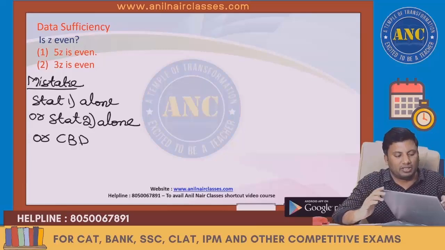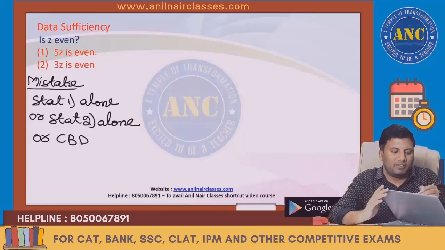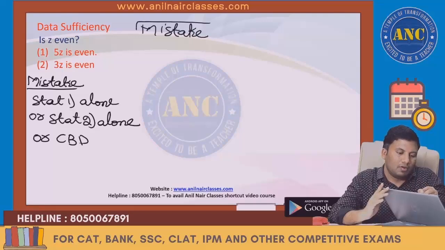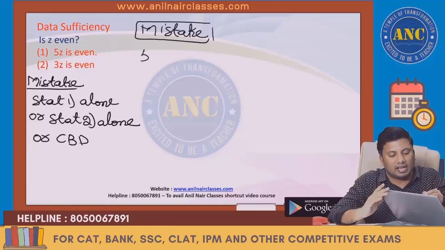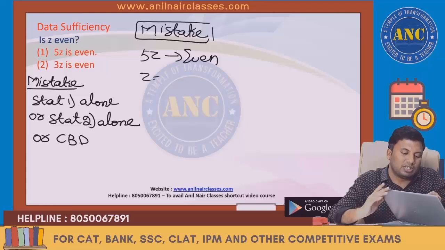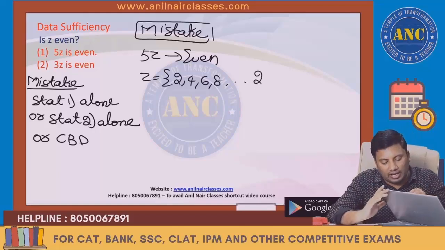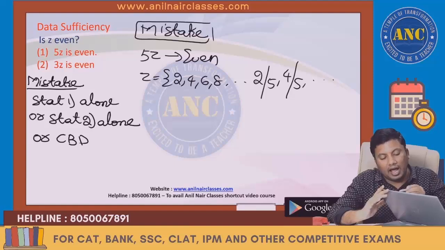First I will tell the mistake they will make. Now see here, 5z is an even number. If 5z is an even number, z can be 2, 4, 6 or 8, all even. Z can also be 2 by 5, 4 by 5 and so on.